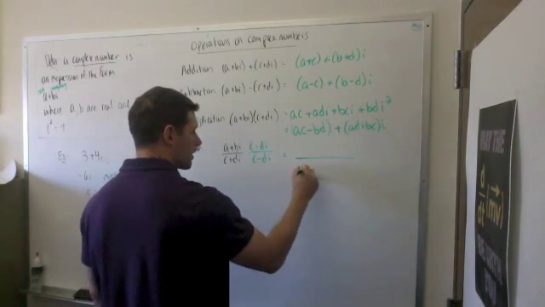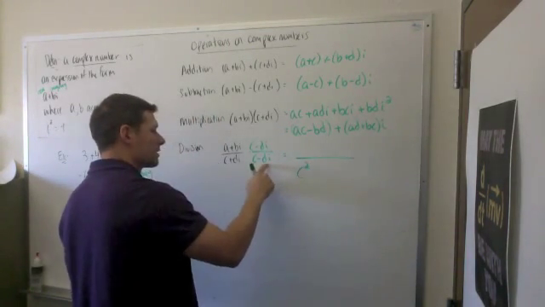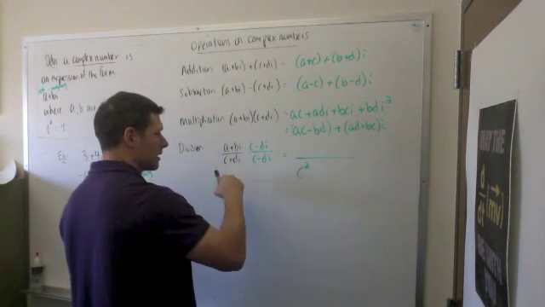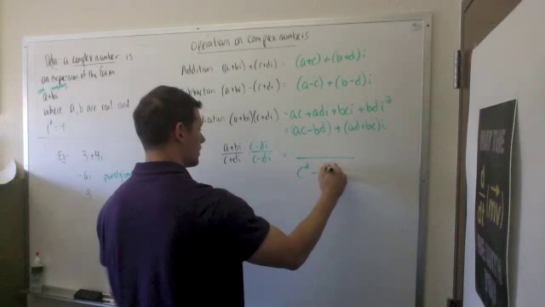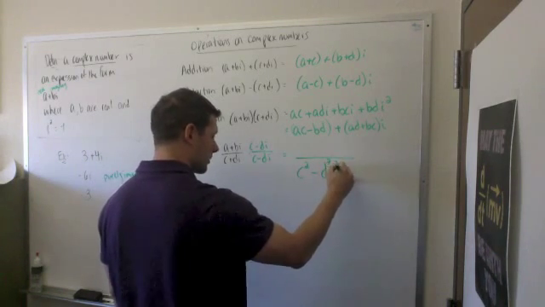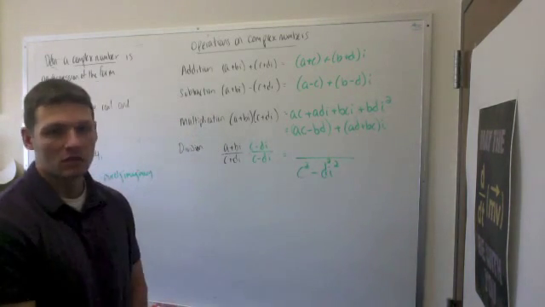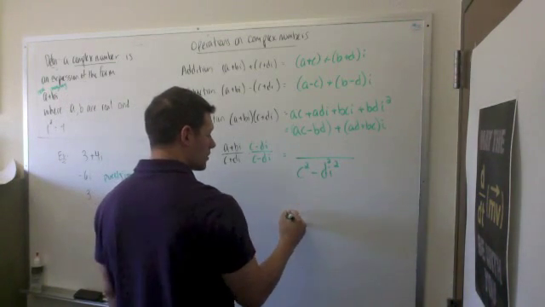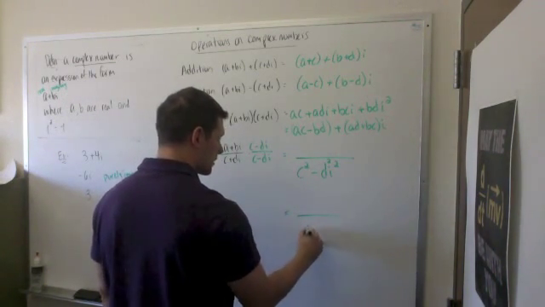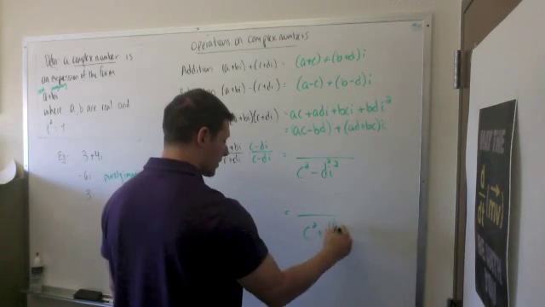We'll get c squared, minus cdi plus cdi. Those two cancel, so we'll get minus d squared i squared. But as we know, i squared is equal to -1. So that'll actually be c squared plus d squared.